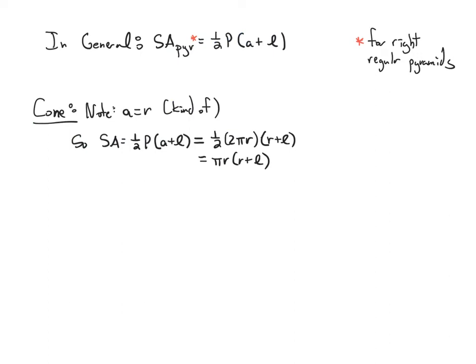So, in general, we have that formula for the surface area of a pyramid. Half the perimeter times the apothem plus the slant height, which is pretty cool.